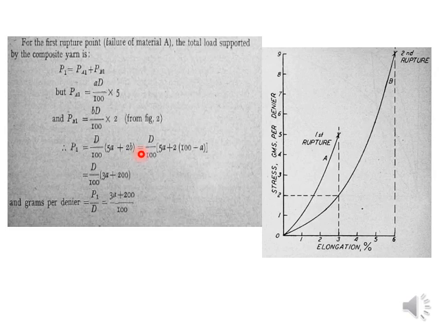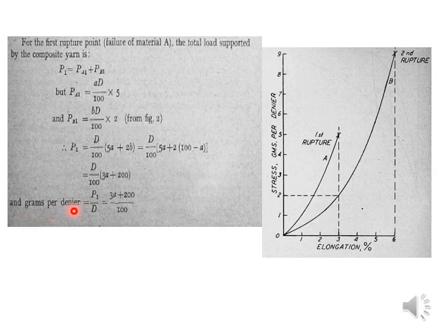Thus P1 is equal to D by 100 into 5A plus 2 into 100 minus A, since A plus B equal to 100 and B equal to 100 minus A. So we are putting the value of B in terms of A and solving it. D by 100 into 3A plus 200. This is P1, the load supported by the composite yarn at the first rupture point. This equation: P1 equals D by 100 into 3A plus 200.